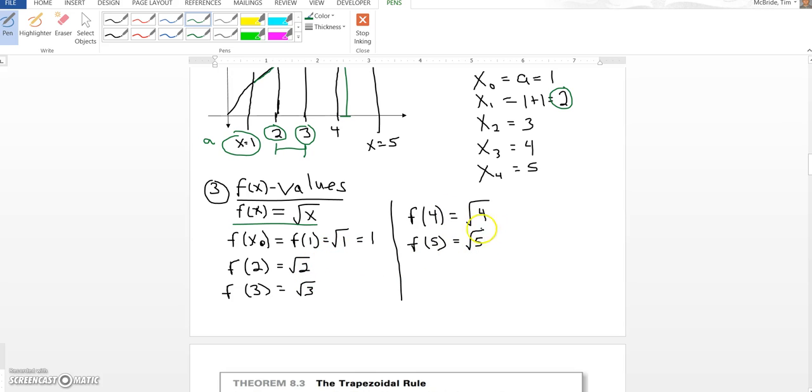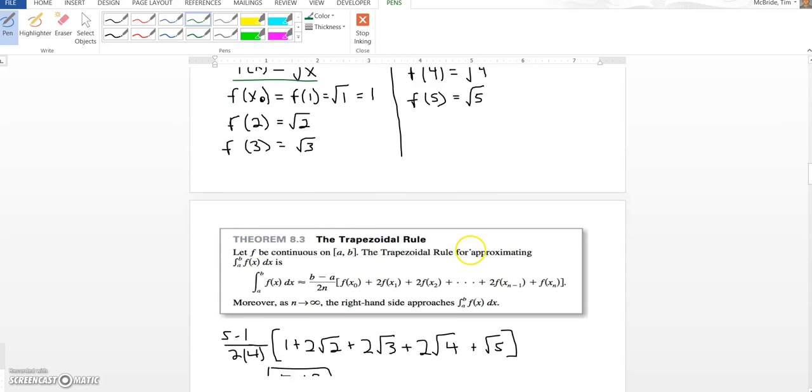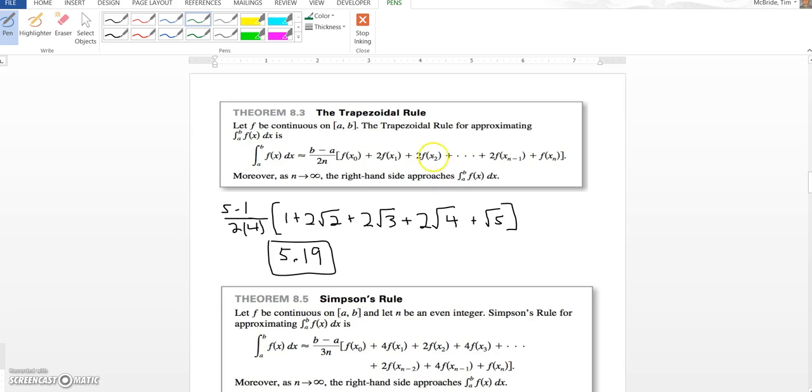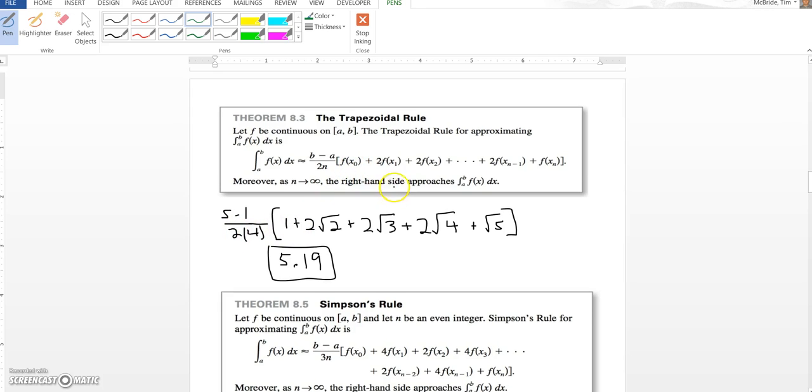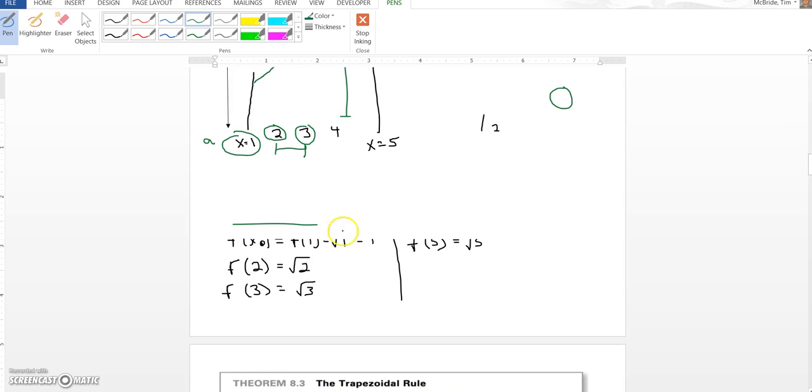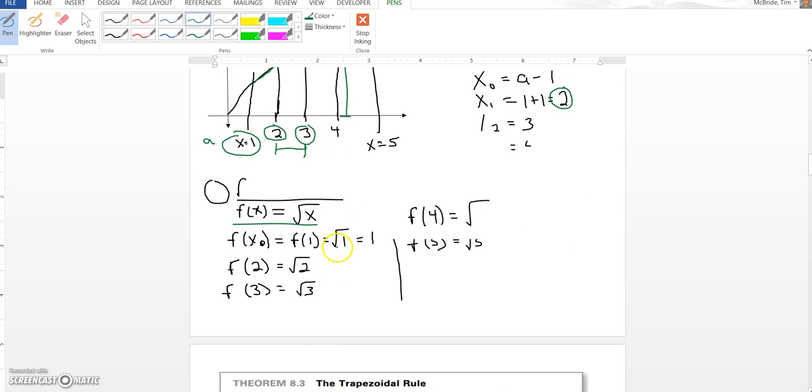So we have these function values. And then we plug the function values into our formula. We know b, we know a, b minus a over 2n. And then these are the function values that we just found. So we plug these values in.